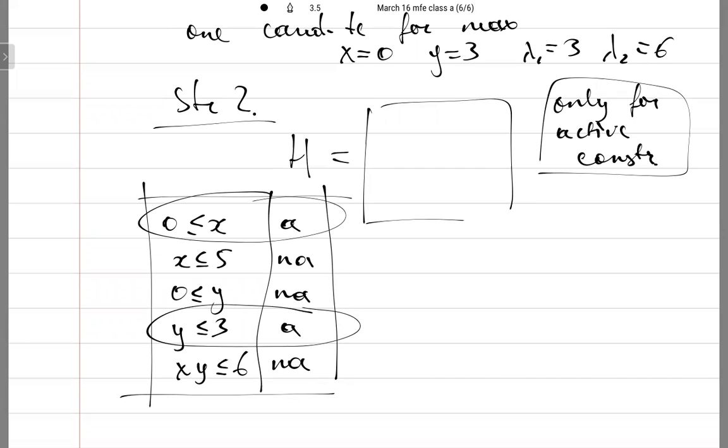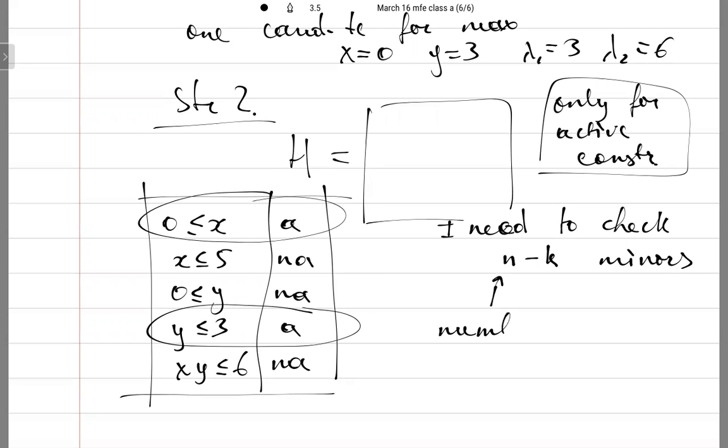And my approach with the Hesse matrix failed. Because if you remember, I need to check n minus k minors, where n is the number of variables and k is the number of constraints.